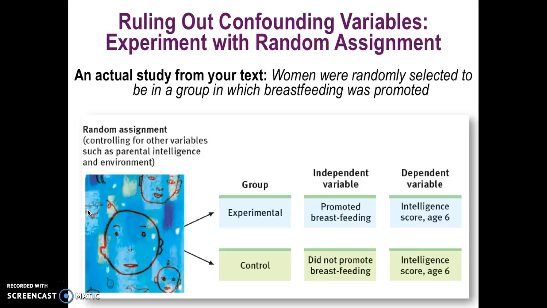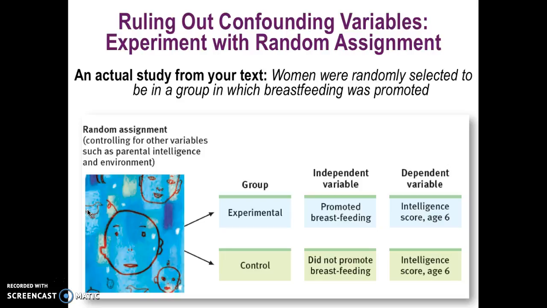Now, this is an actual study that was discussed in your textbook, that women were randomly selected to be in a group in which breastfeeding was promoted. This research was actually done in Belarus. So I have to tell you, the result of the study may have been confounded by the location.